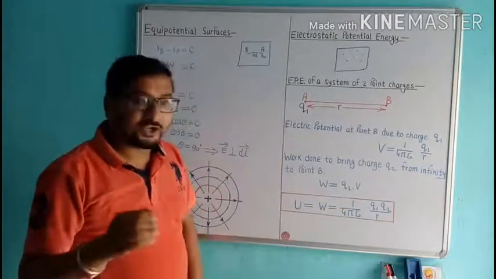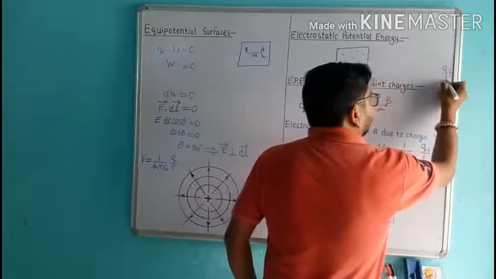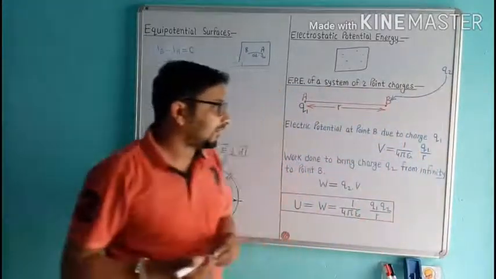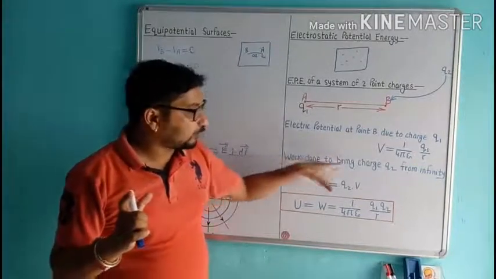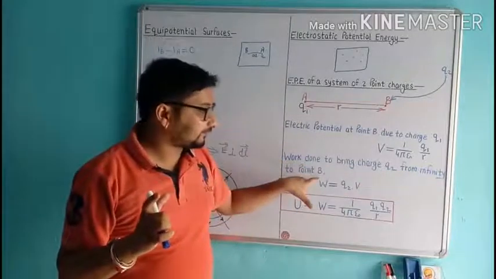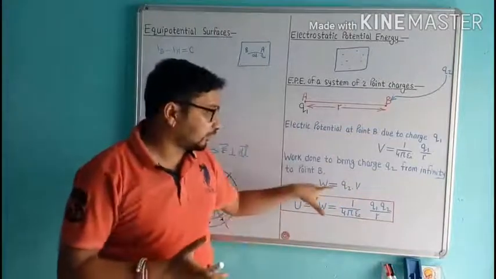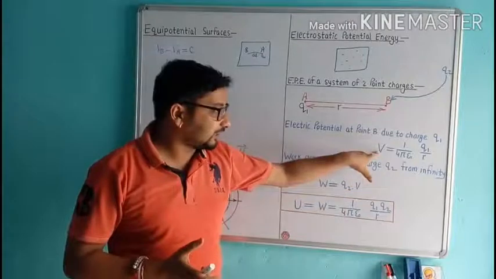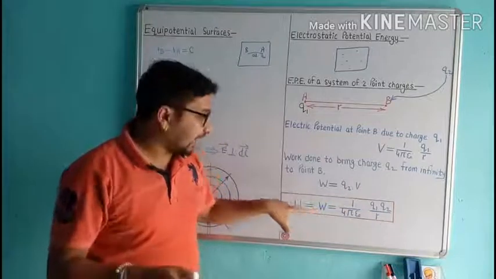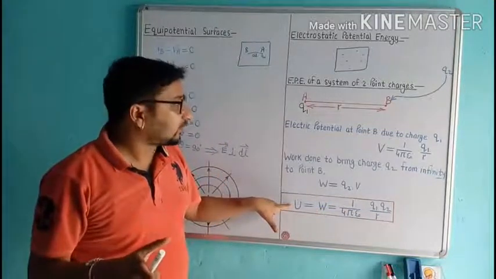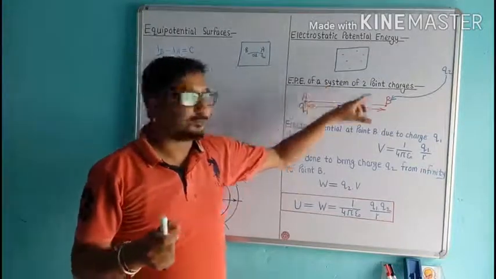Now if we want to bring a charge Q2 from infinity to point B, we have to do some work. The work done is W is equal to Q2 into V. Now put the value of electric potential, we get 1 upon 4 pi epsilon naught Q1 Q2 upon R. This is the work done, which is stored as the electrostatic potential energy of a system of 2 point charges.